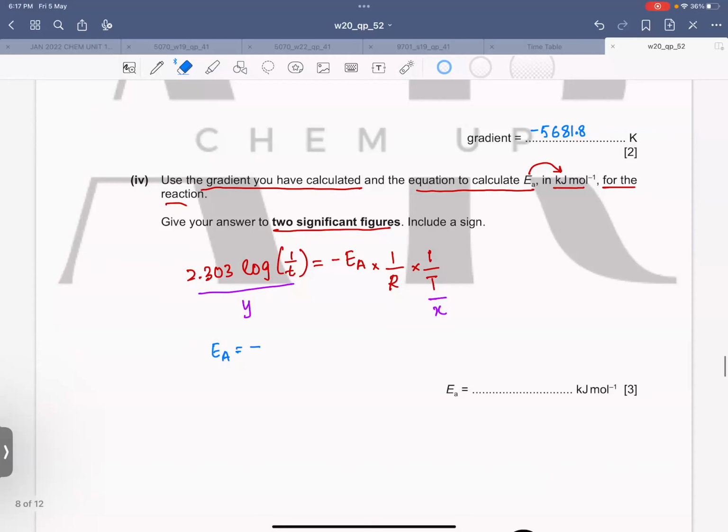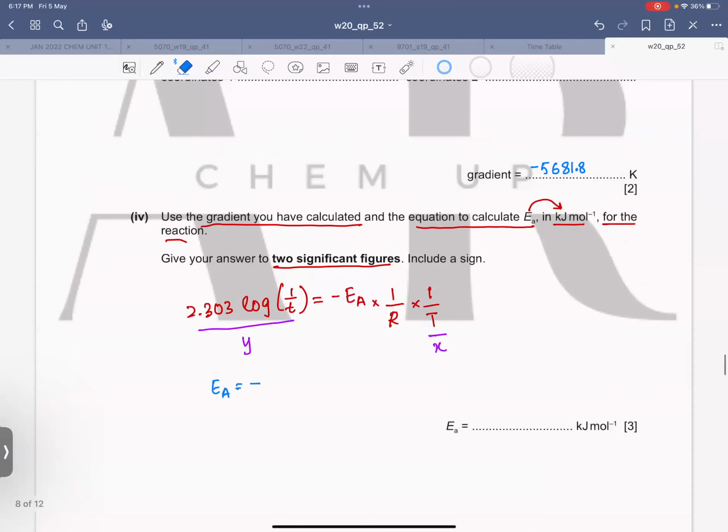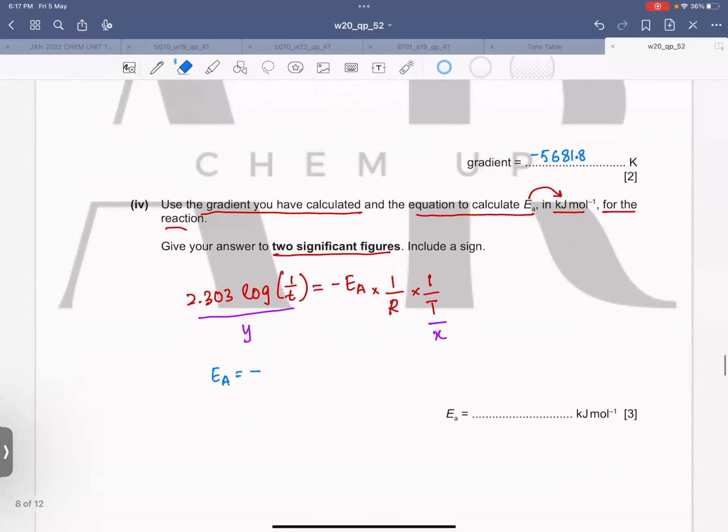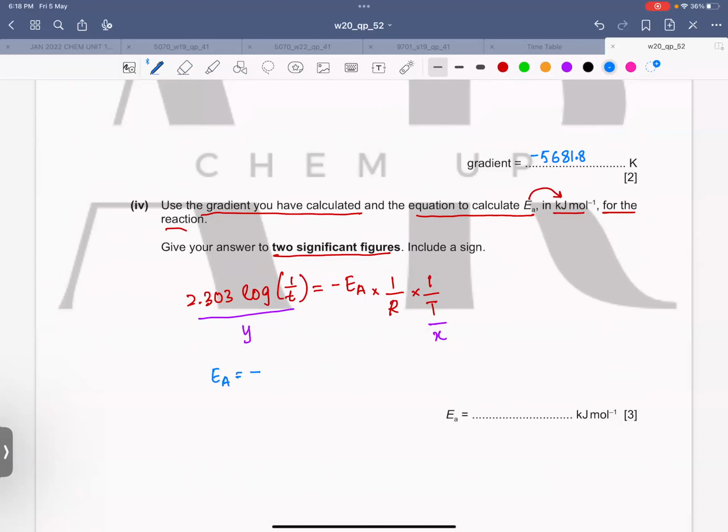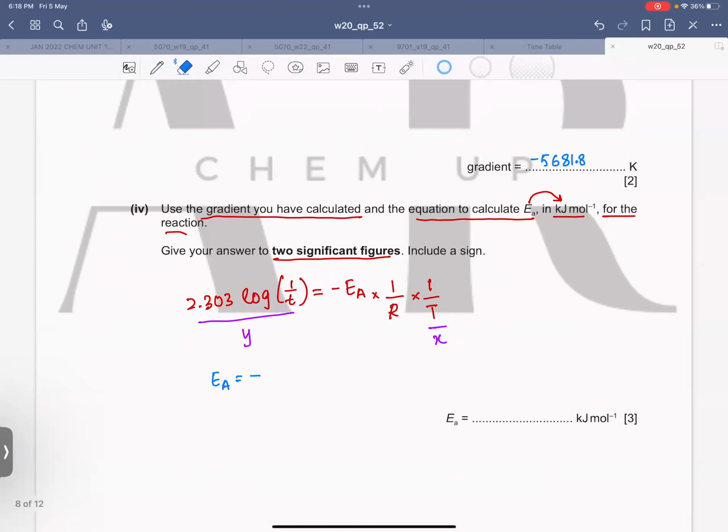I can write activation energy is equal to. Gradient is delta y over delta x, right? Yes.